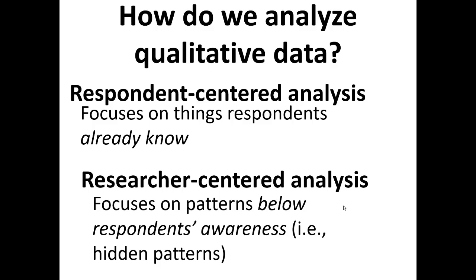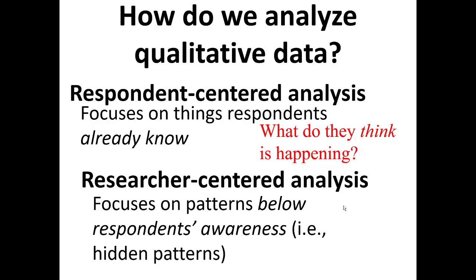And do we see this in their speech patterns or in their body language, for instance? That might be an example of a way that we would get at hidden patterns, so patterns that are below the respondent's awareness.